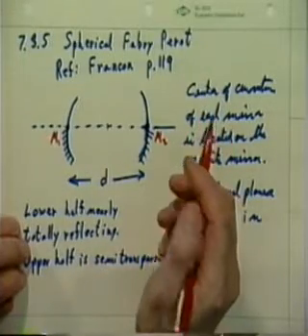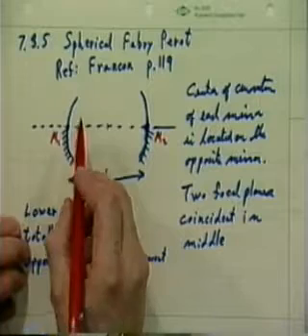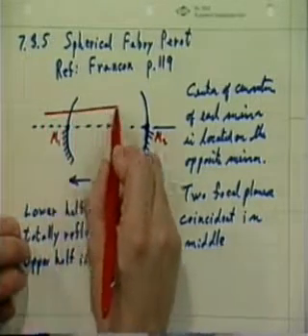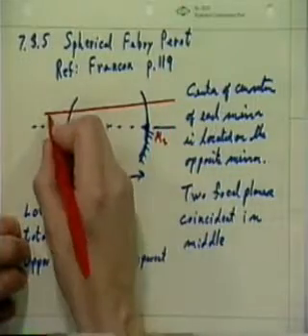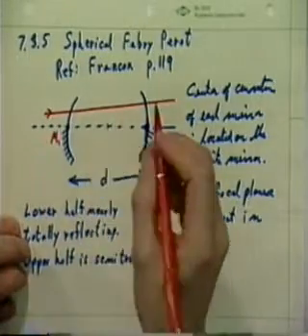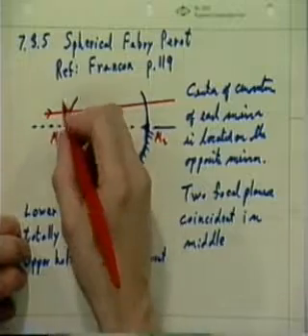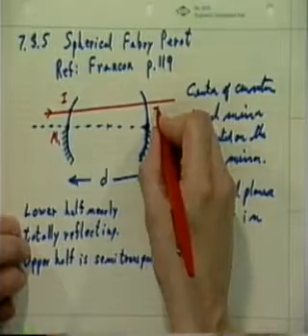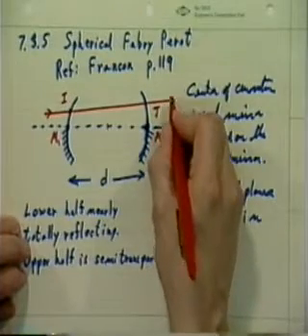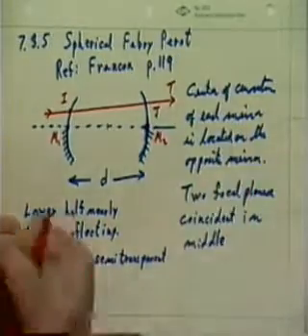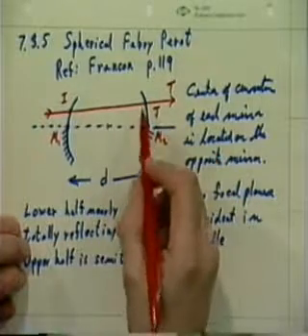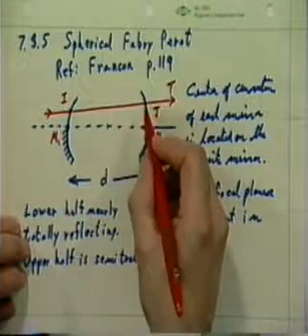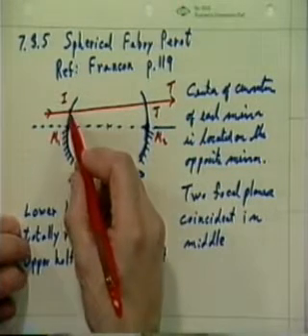Let's see, what else? Well, let's trace a ray through the system, I guess is the next thing to do. Let's take a ray here, and so it goes like so. And I call this point I here, and I call this point J. And of course what gets through is T. So the center of curvature of this mirror is over here, and so the ray comes in here.